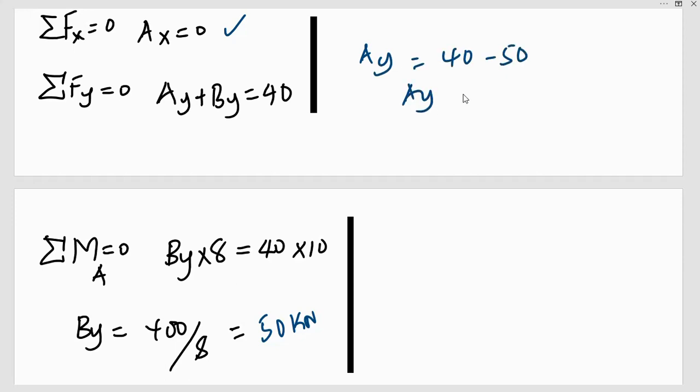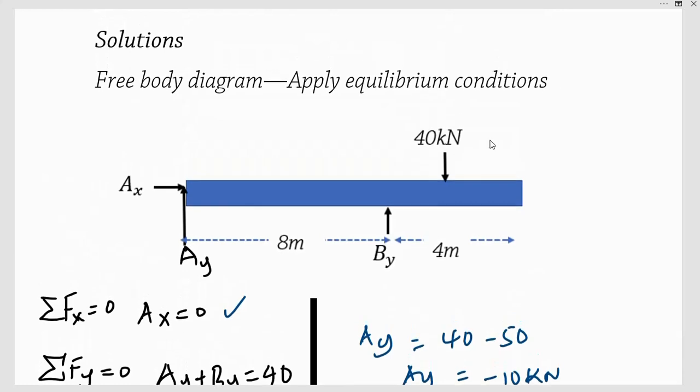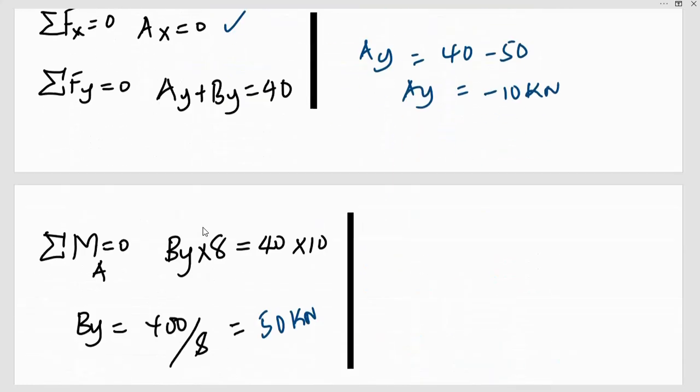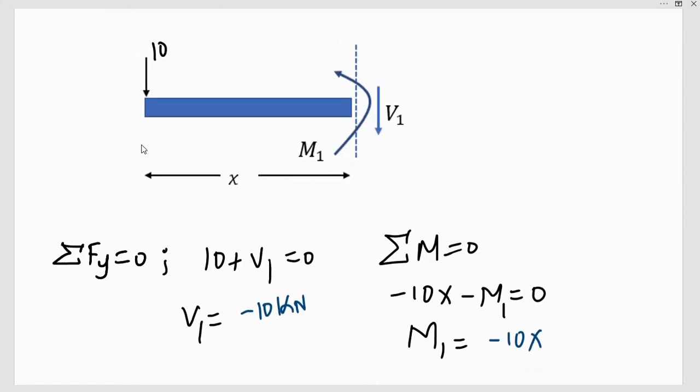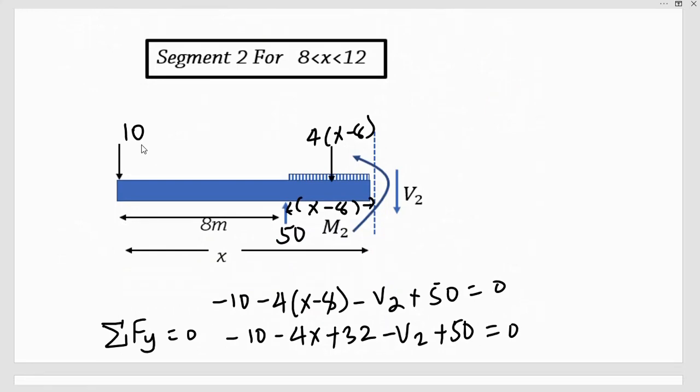So we found that AY is negative 10 kilonewtons, meaning that the assumed direction here is wrong, and that's why we were able to put it here pointing vertically downwards. The same thing is going to happen in segment 2. So we have it pointing vertically downwards, and this reaction here pointing vertically upwards, since it agreed with the equations of equilibrium.